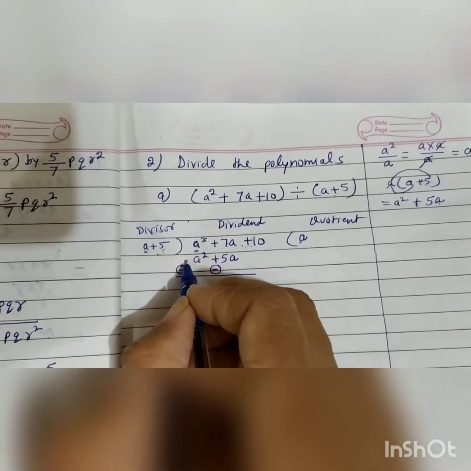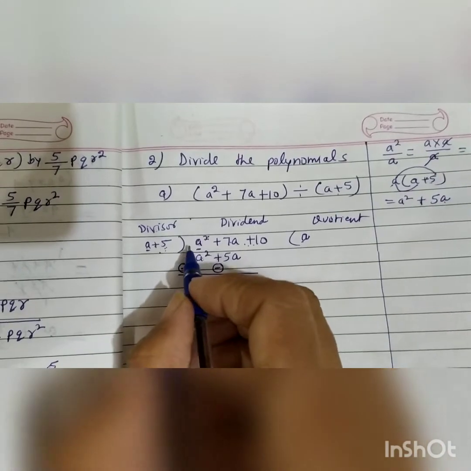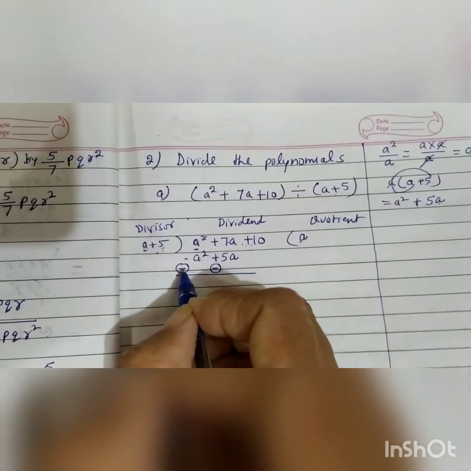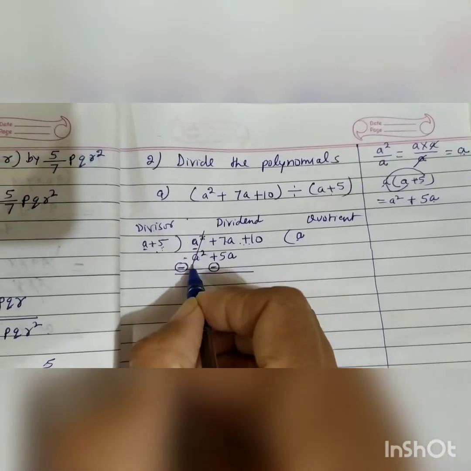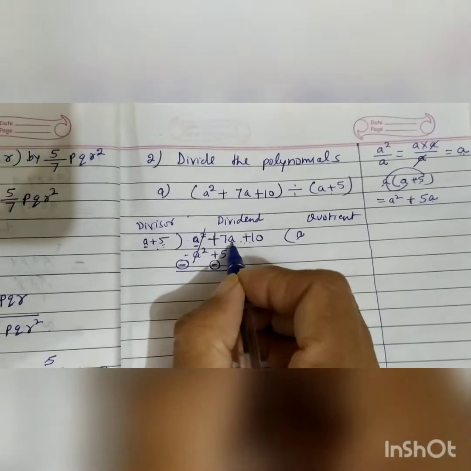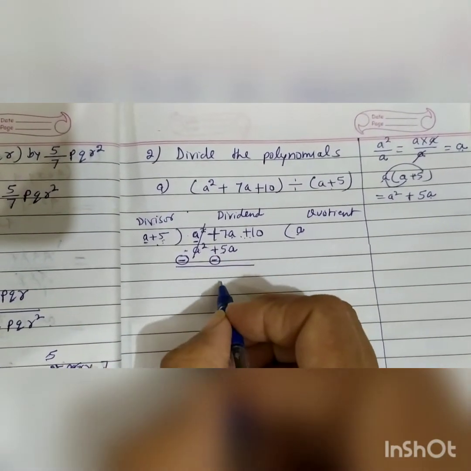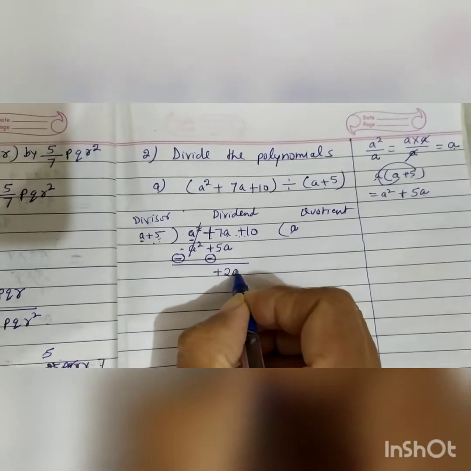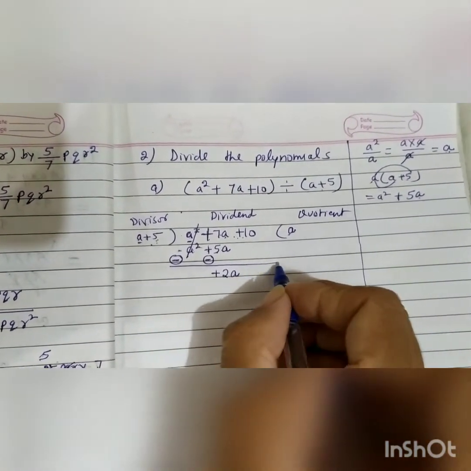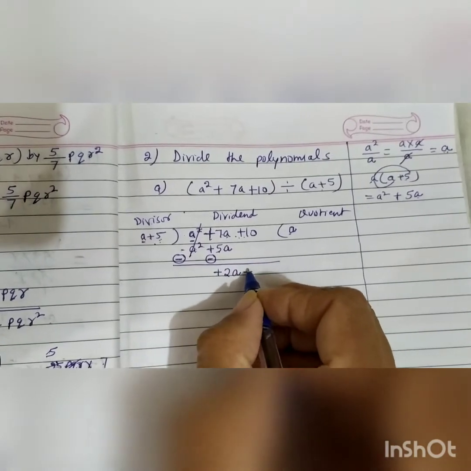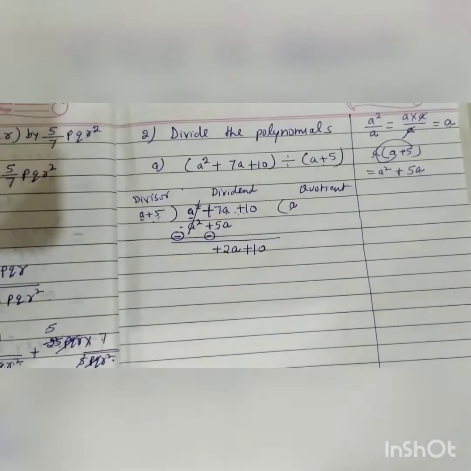Earlier it was plus a square, now it is minus a square. A square minus a square will be cancelled. Plus 7a minus 5a, if we simplify these two terms, we get plus 2a. Now write this plus 10 here like this.